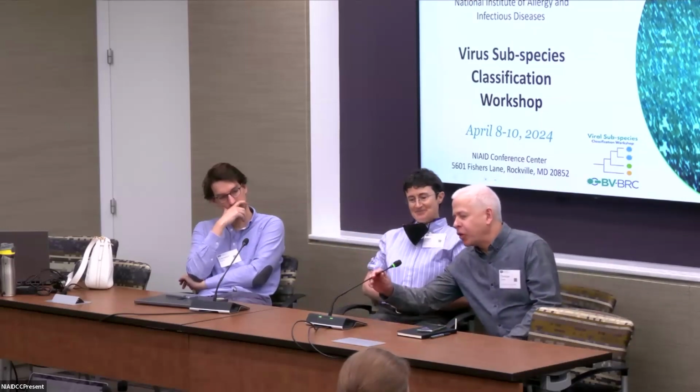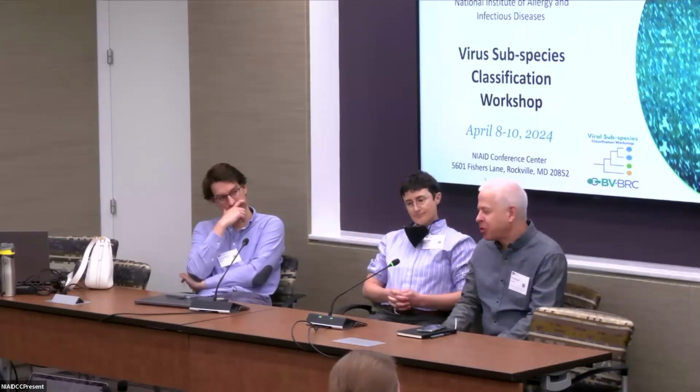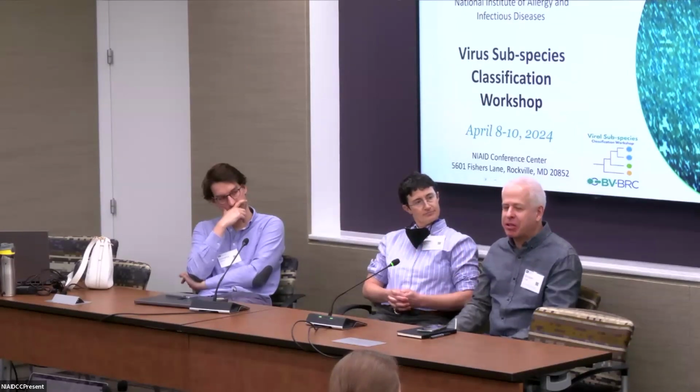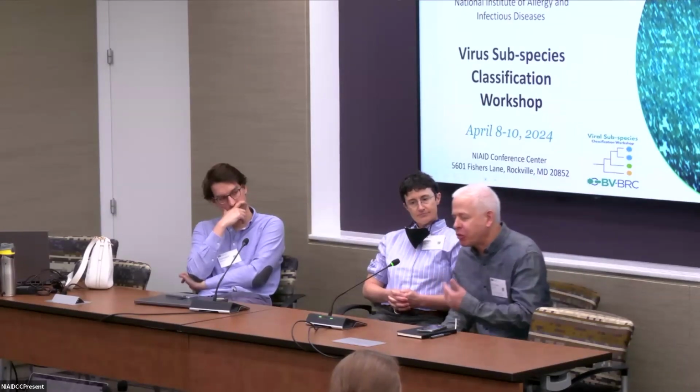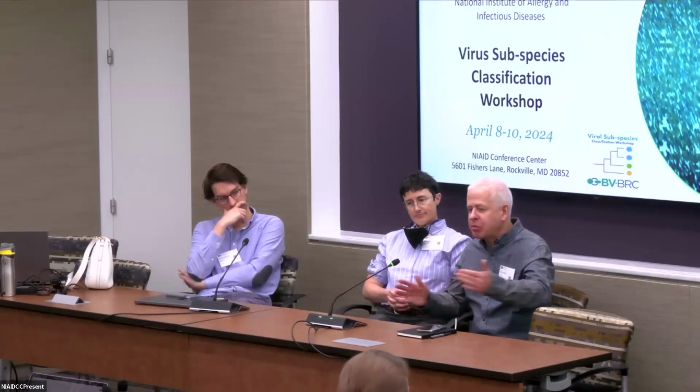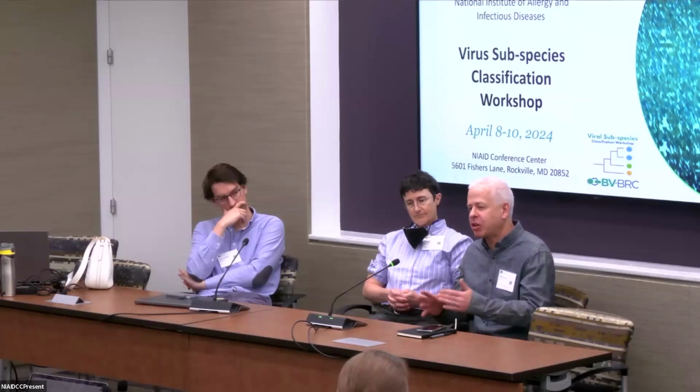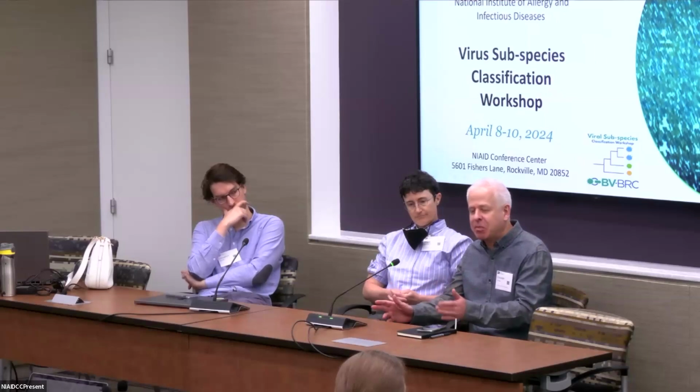I kind of agree. I also think there are 2 different needs. One is a really big tree with a lot of sequences in there, which is maybe useful for public health purposes. But for evolutionary biologists or people who want to study a little bit more over a longer time than just a couple of years, a really high quality tree with a very limited number of sequences, but extremely high quality and well supported with bootstrap support and calculated by either Bayesian method or maximum likelihood, I think is very valuable.